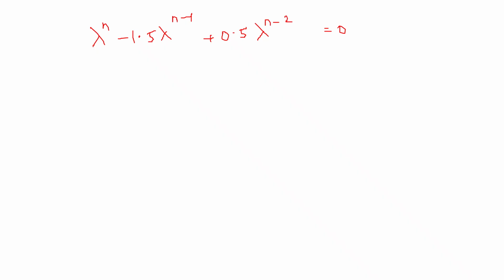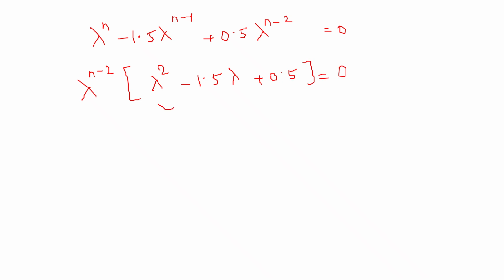Lambda power n minus 2 is common. So I will have lambda squared minus 1.5 lambda plus 0.5 is equal to 0.